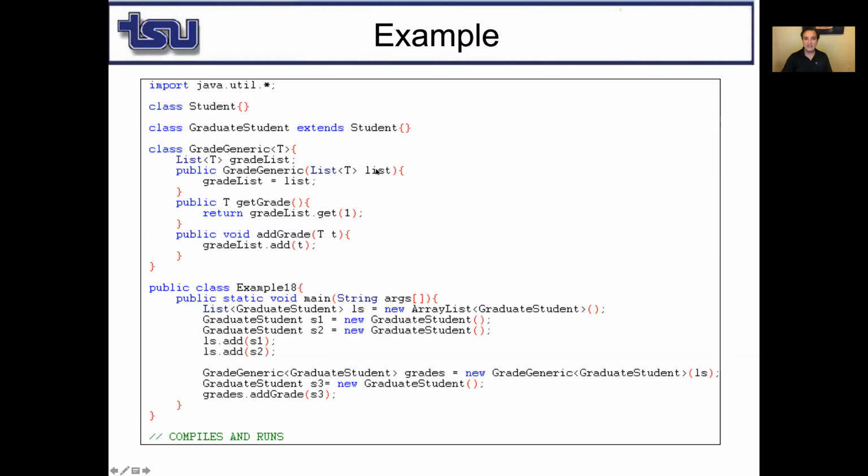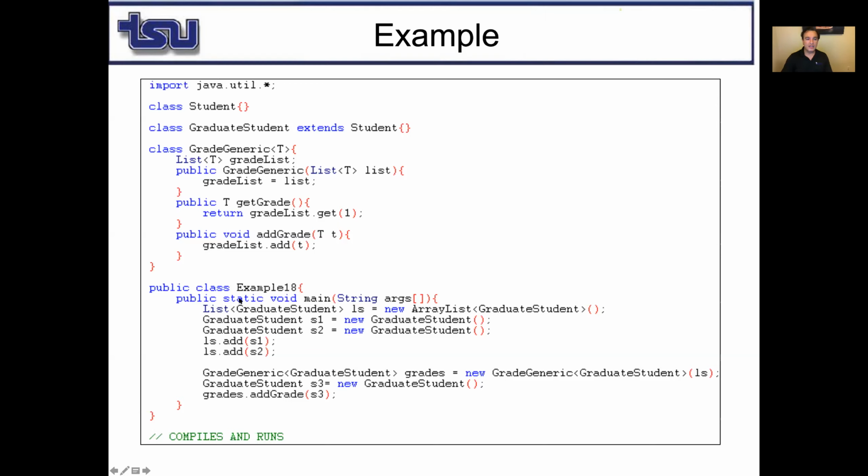Constructor takes a list as input and assign that list to data member generic list, grade list. And then get grade returns this grade list. Add grade simply adds a new member to the grade list.